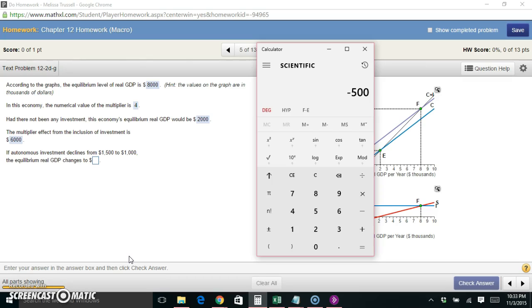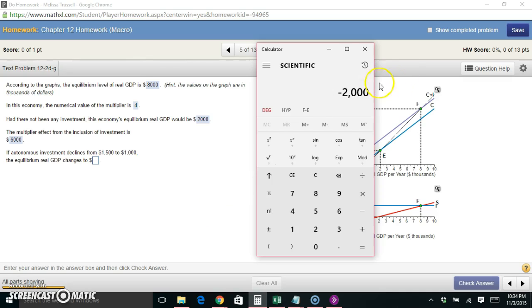Now I take that and multiply it by the multiplier, because the definition of the multiplier is the number that we multiply our change in investment or consumption by to get our change in GDP. So I find my change in investment, which is negative 500, multiply it by the multiplier, which is 4, and now I know what my change in GDP will be.